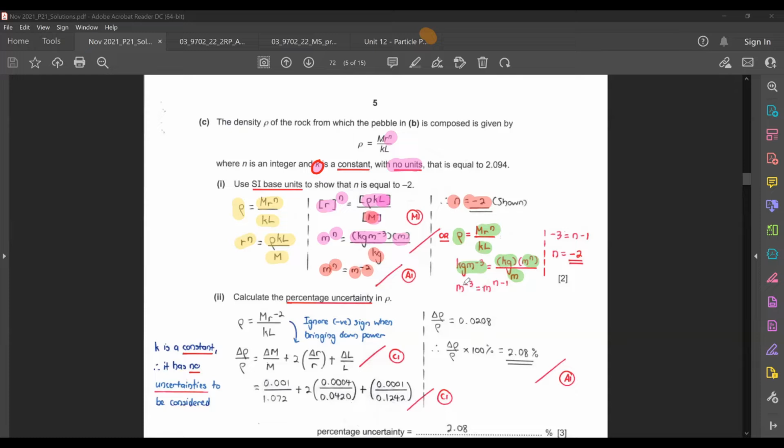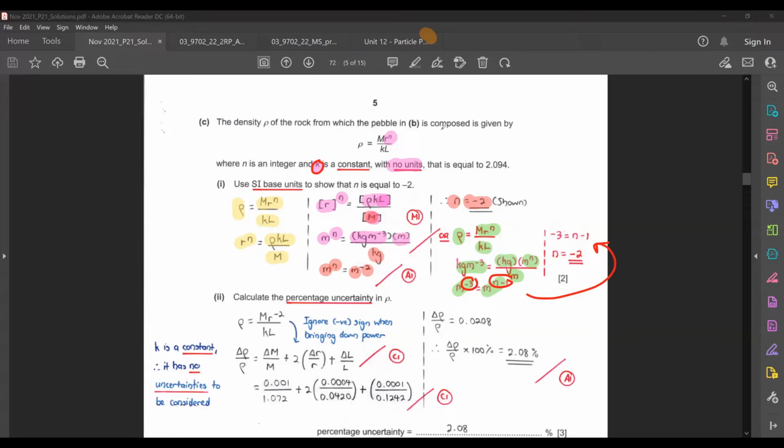You simplify this, eventually you get m power minus 3 and then m power n minus 1. So if you just compare the powers, you will get back the same answer. So no issues there. All right.